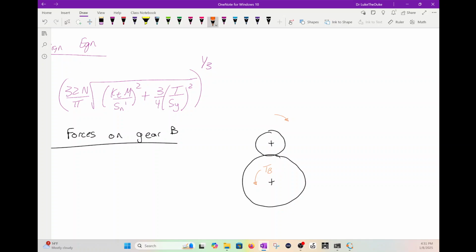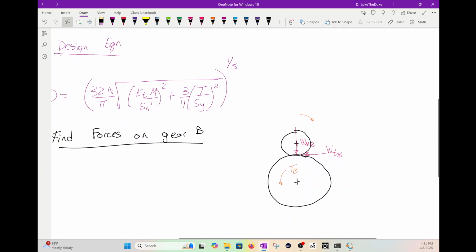What we have is downward WRB, the radial force, and then over here the force WTB, the tangential forces of gear Q going to gear B. And we can find those.